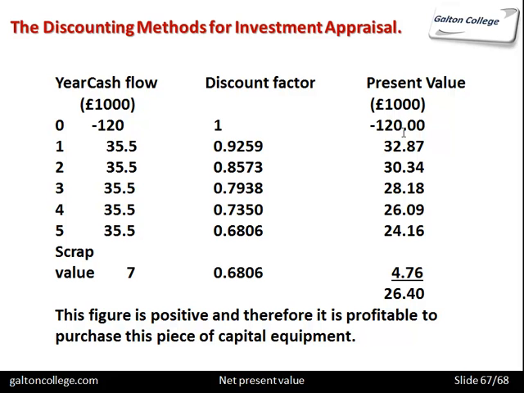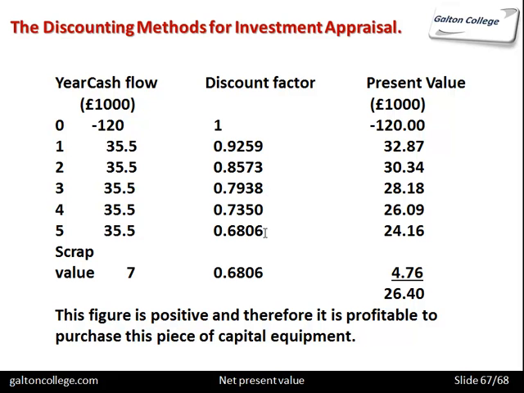Now if we buy the machine, it's now invested in the machine. Now we get 35,500 every year for 5 years. But the value of the 35,500 we get every year is diminishing. We can look this up in the tables we had earlier, and you'll see it is diminishing.